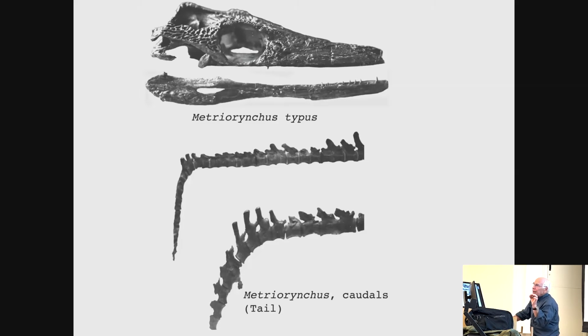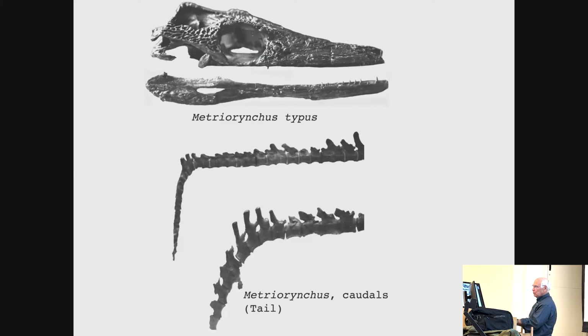There was a group of crocodiles that, in the upper part of the lower Jurassic, started transforming into a marine form. And so we have a marine crocodile group called the Metriorhynchids that are found in the middle Jurassic and the upper Jurassic, and then they died out after that.